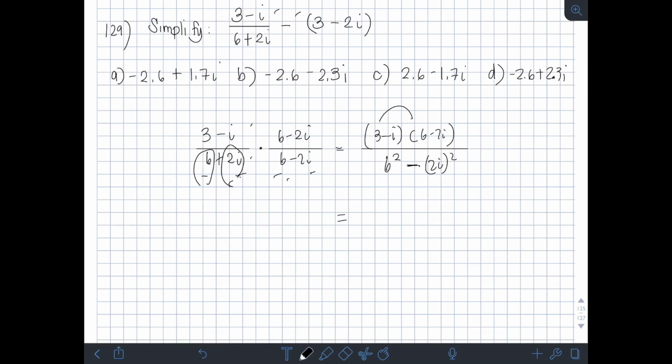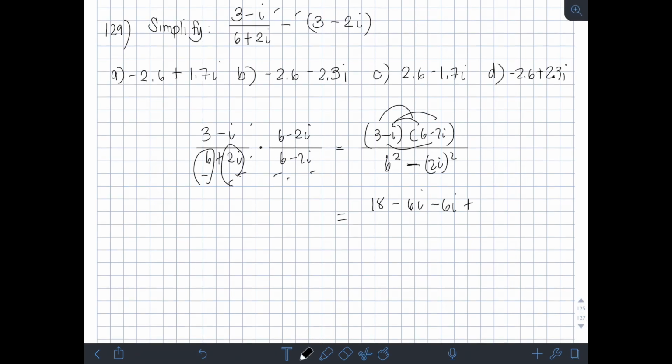So, 3 times 6 is 18. Then, 3 times negative 2i is negative 6i. Negative i times 6 is negative 6i. Then, negative i times negative 2i is positive 2i squared. Over. So, simplify natin itong denominator. 6 squared is 36. Minus 2i squared is 4i squared.